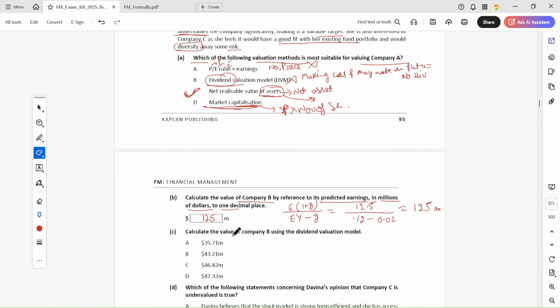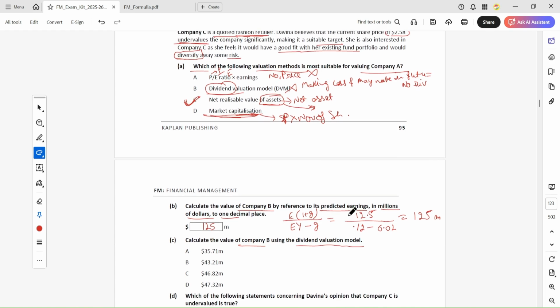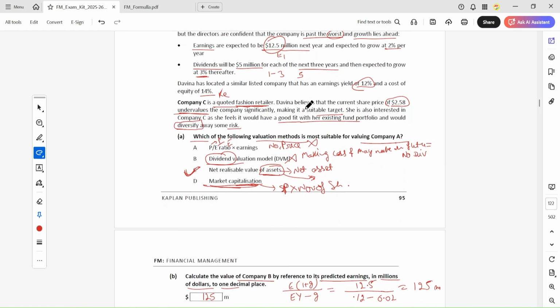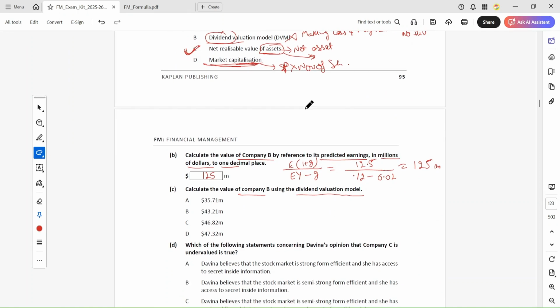Next, we need to calculate the value of company B using DVM, dividend valuation. We have been given the dividend, and this dividend will be for the next 3 years.